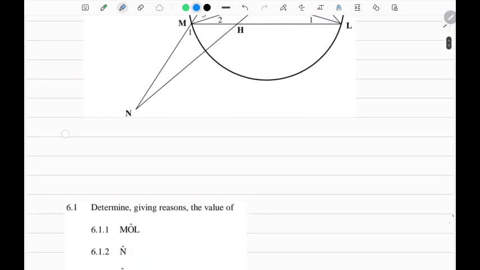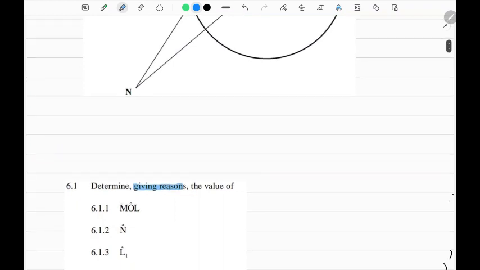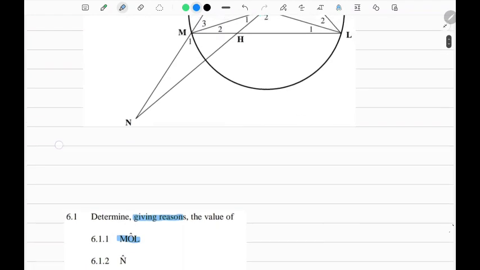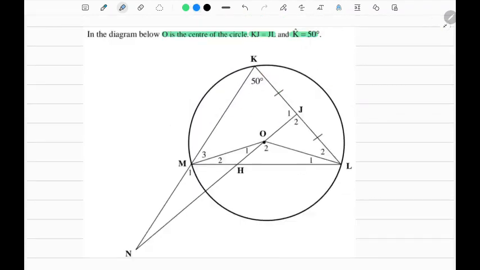It says 6.1, determine, giving reasons, the value of angle MOL. So let's identify angle MOL. Angle MOL on the diagram is this angle here. This is the angle of interest that we're looking for.